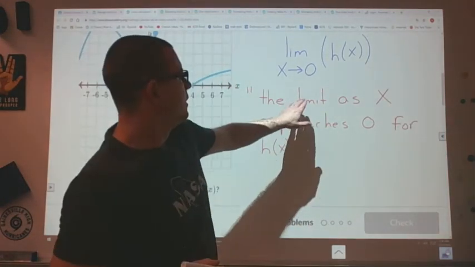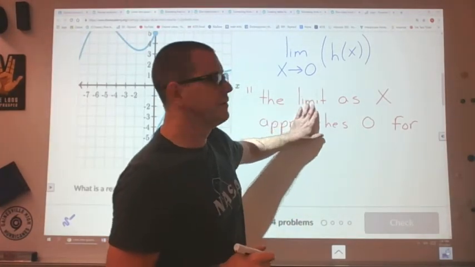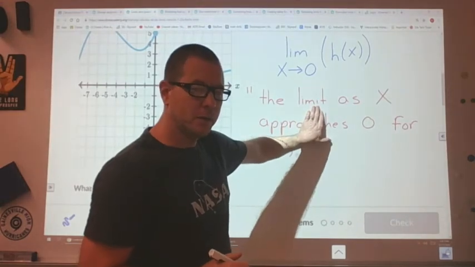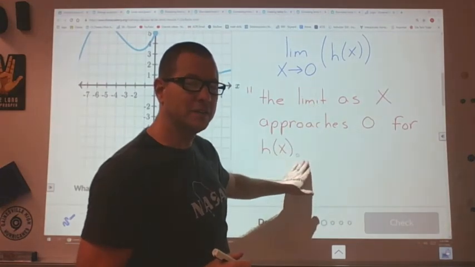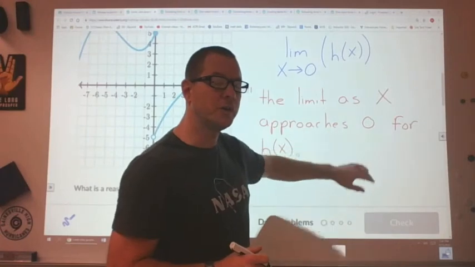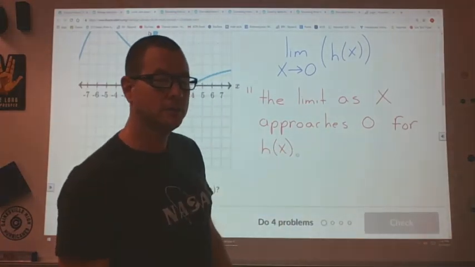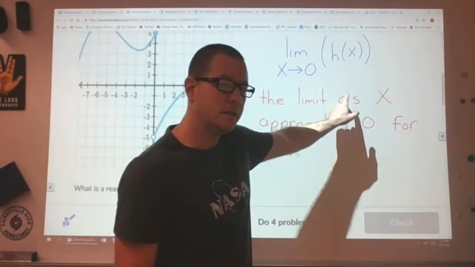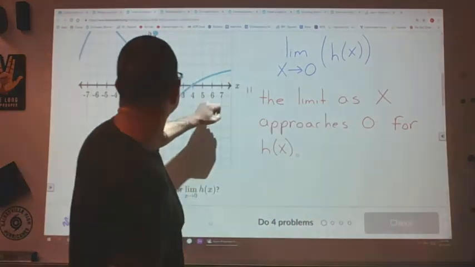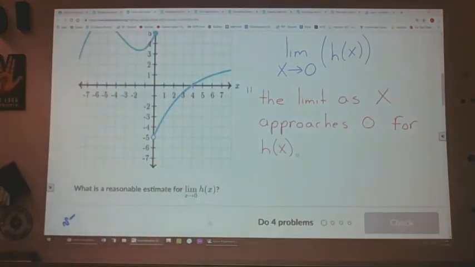Okay. The limit typically means a value. What's the value of h of x as we get closer and closer to 0 on the x-axis? Okay. Well, let's look.